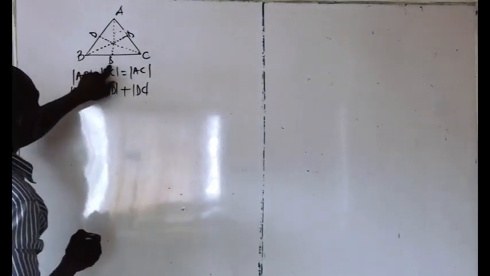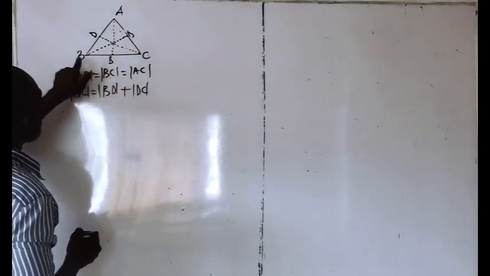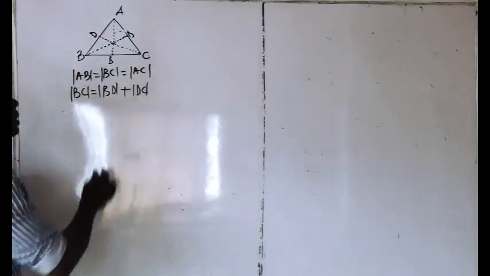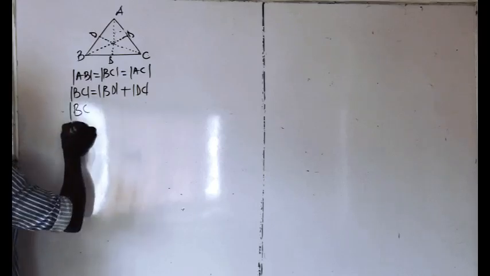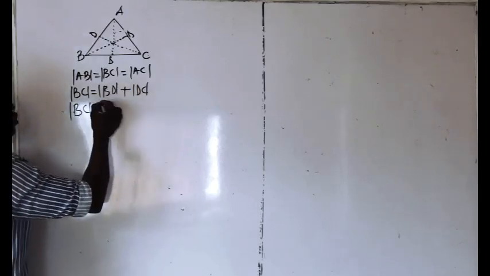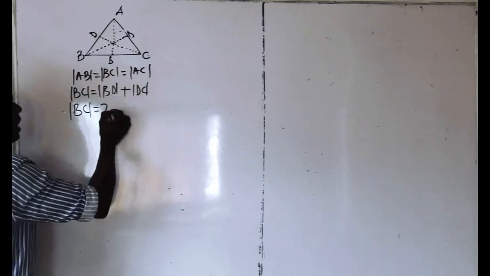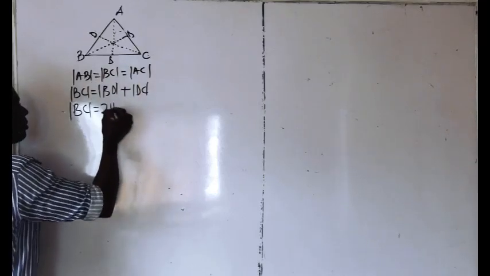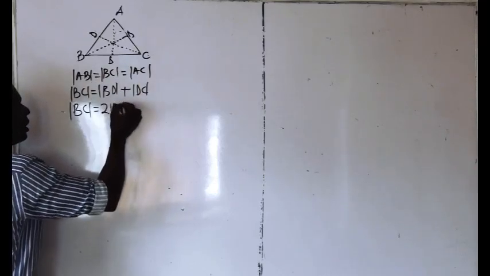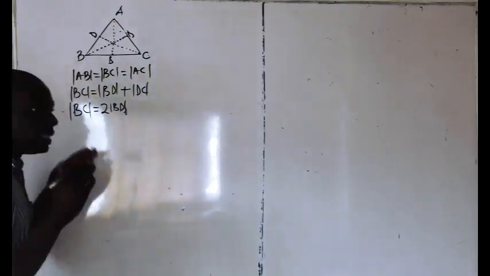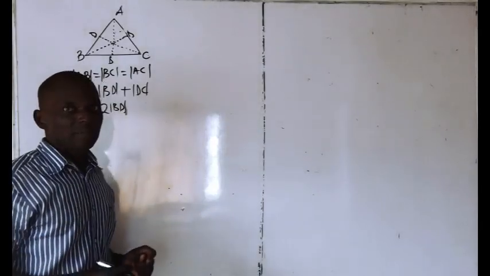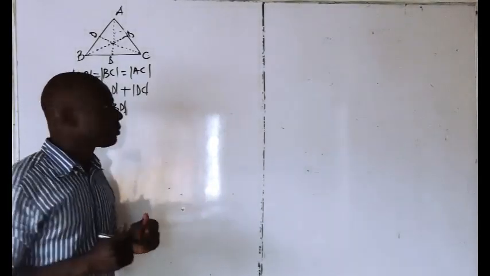So BD and DC are equal. So the length BC is 2 times the length of BD, since BD and DC are the same, equal in length.